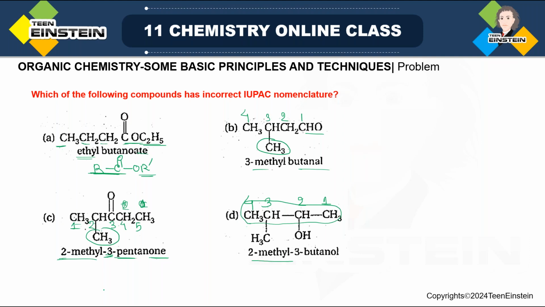Now here it is written as if we have done the numbering in the reverse order. If you do the numbering like this, then it matches the name given. But that is not correct, because this is the principal functional group and the green one is correct, not the blue one. So this is actually wrong. So this will be our correct option, because we have to choose the case in which incorrect IUPAC nomenclature is present.